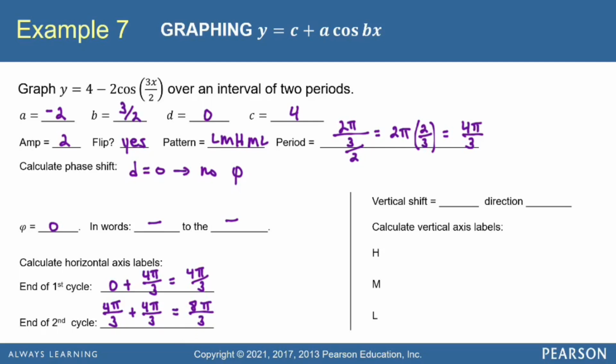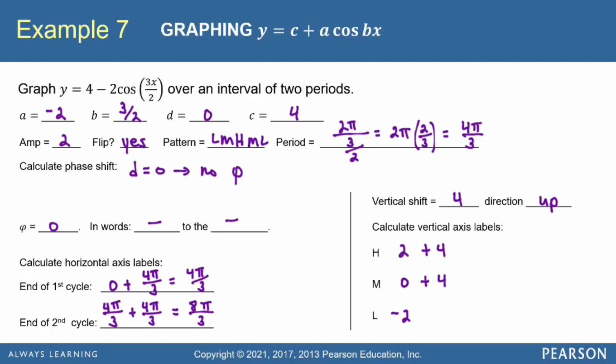Now let's think about vertical shift. We know c is 4, so the vertical shift will be 4 units up because c was positive. Now, to calculate the vertical axis labels, we'll start with what the high, middle, and low would have been without c. In this case, amplitude was 2. So the high, middle, low would have been 2, 0, and negative 2.